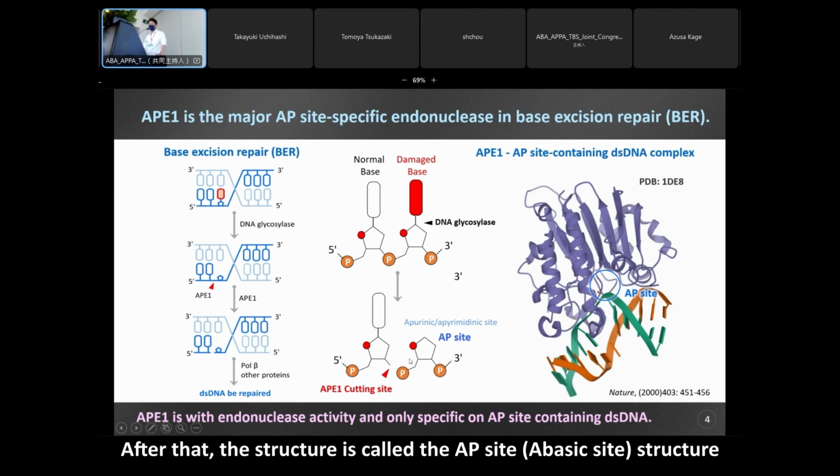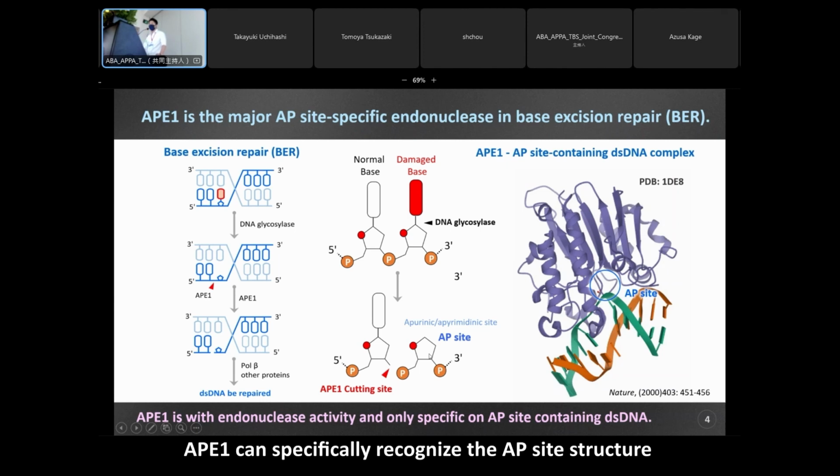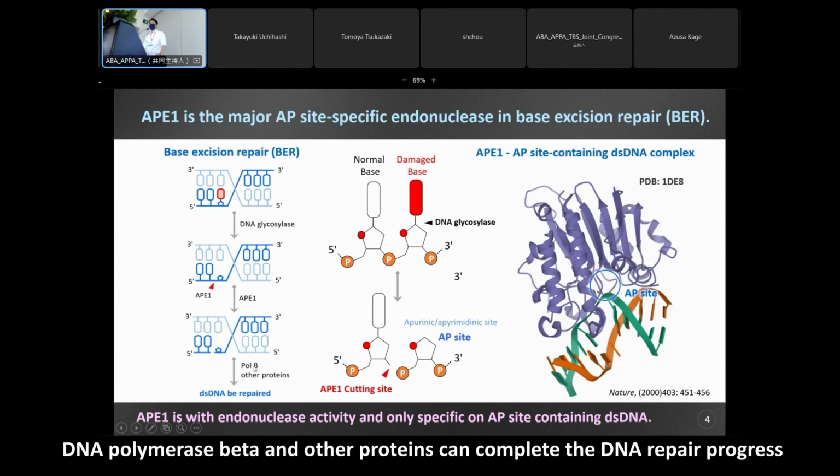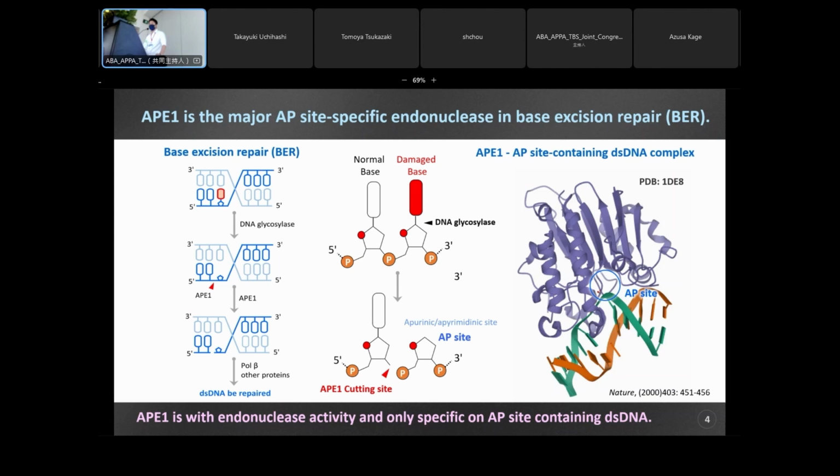After that, this structure is called the AP site structure. And APE1 can specifically recognize the AP site structure and make a nick at the phosphodiester bond here. And after that, DNA polymerase beta and other proteins can complete the DNA repair process.